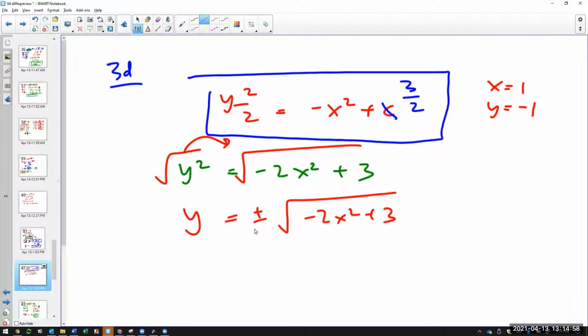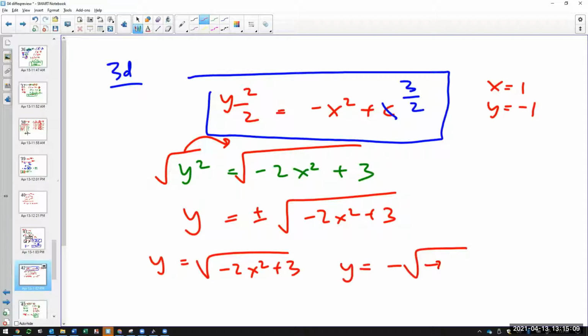This is basically your answer, but you have 2 answers here, and only sometimes both are the answer, but sometimes only one is. Do you see that there are 2 possible answers? Well, which one is it? It's the one where when you plug in x equals 1, you get -1.